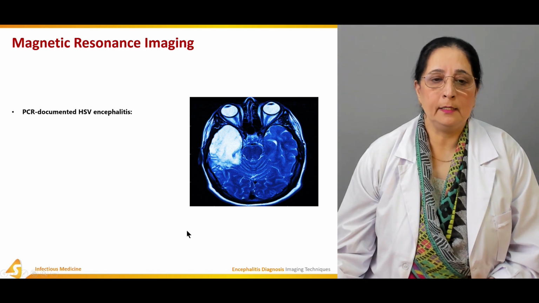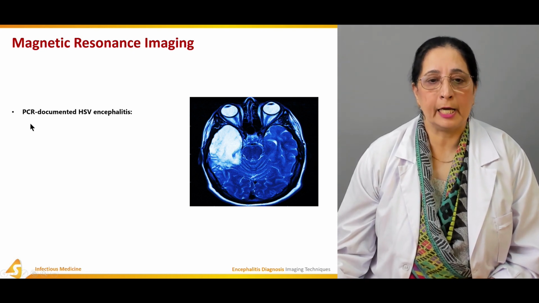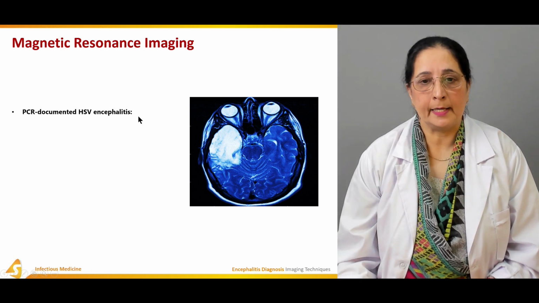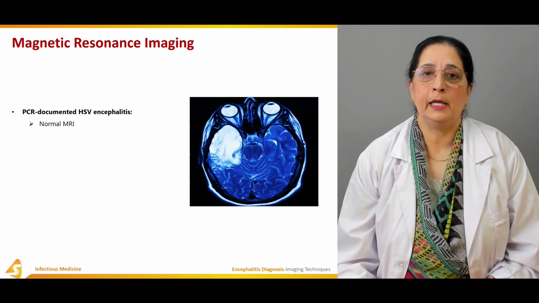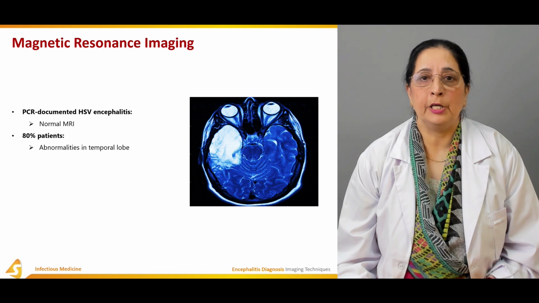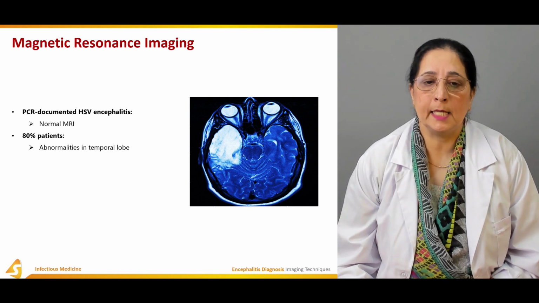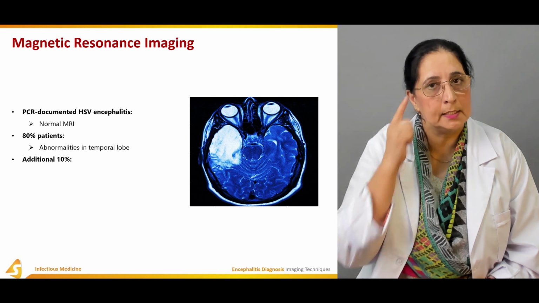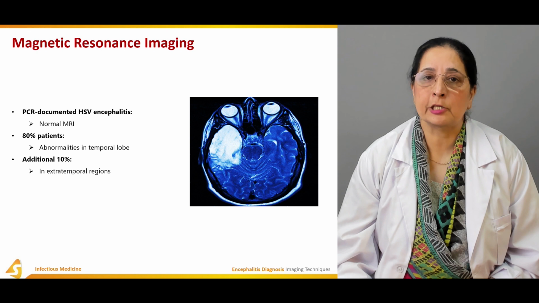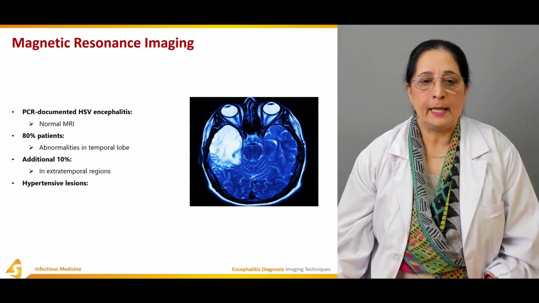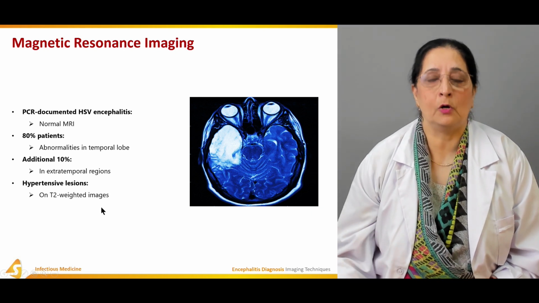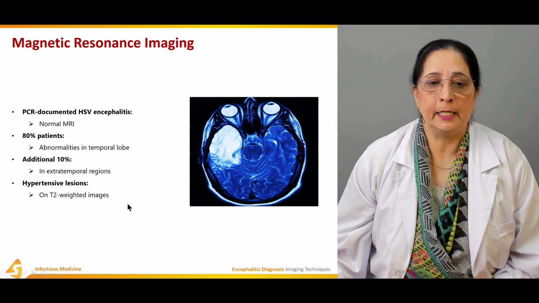Next, in PCR polymerase chain reaction documented herpes simplex virus encephalitis, usually they have a normal MRI early on. 80% of patients have abnormalities in the temporal lobe. This is the temporal lobe. An additional 10% is in the extratemporal region, and then we have hyperintense lesions present on T2 weighted images.